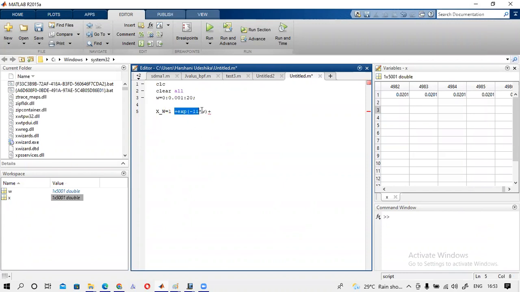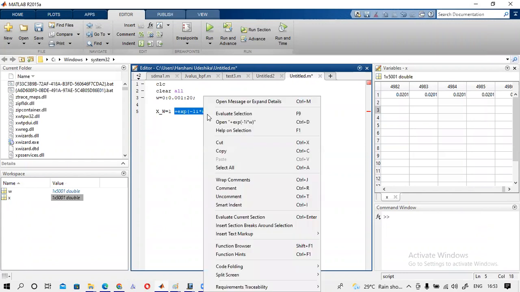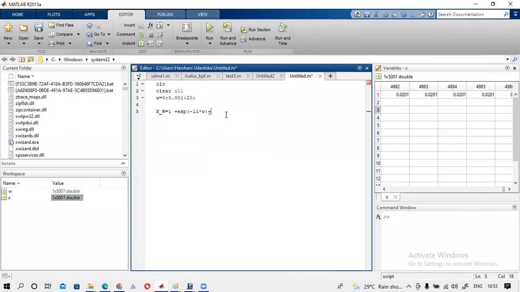So I will take this one. Here we have 2, correct. Here we have 3.